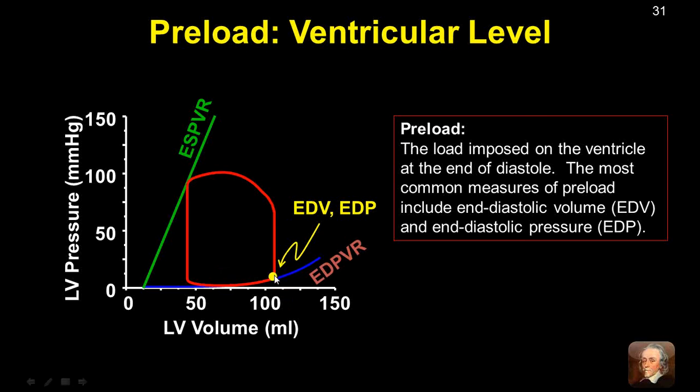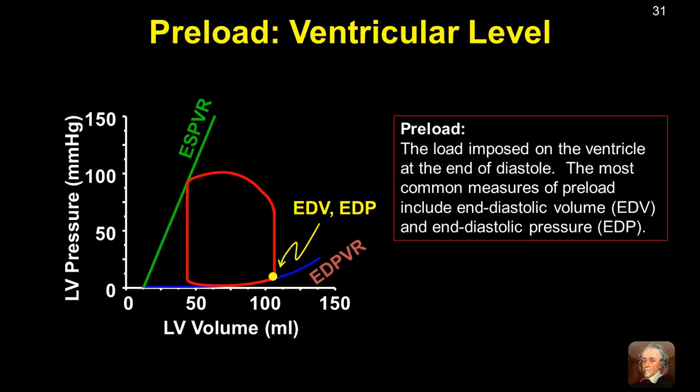End diastolic volume is one of the potential candidates for defining preload, and that works very well if you are working in an individual heart and you want to describe changes in situations that are occurring over short periods of time. However, if you are comparing the physiology of multiple different hearts that have different sizes due to biological variation or disease states, a volume will not necessarily mean the same thing in a small heart as it does in a large heart.